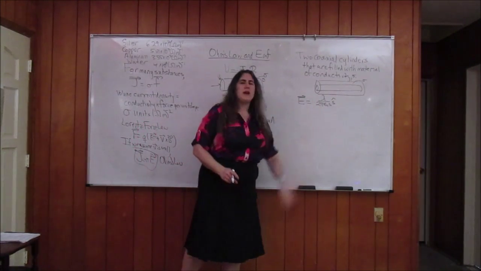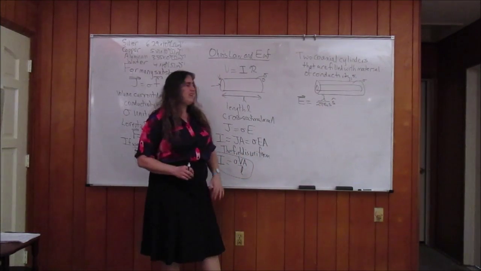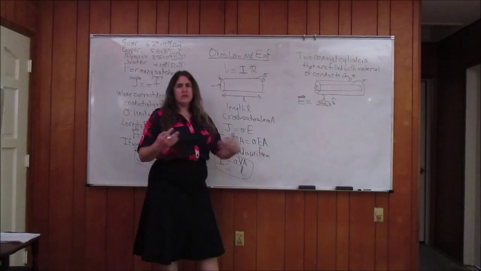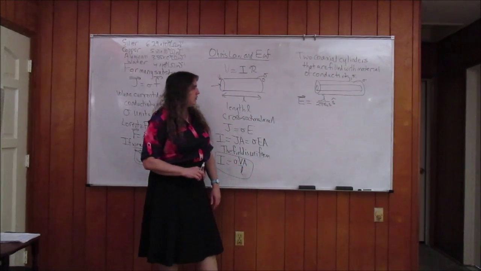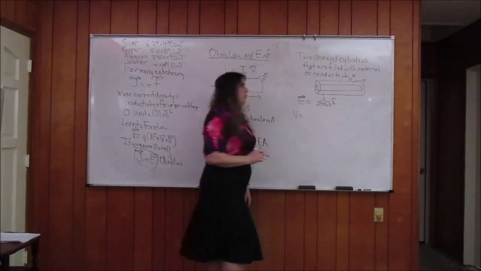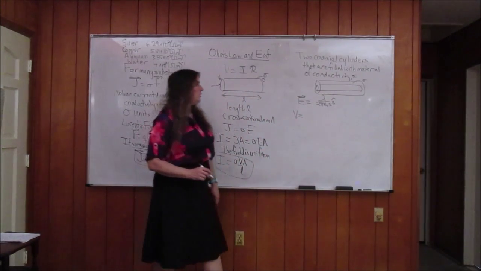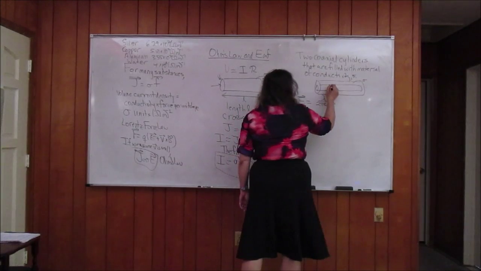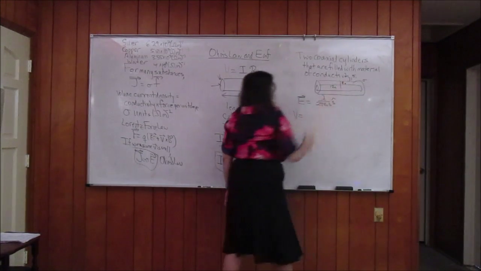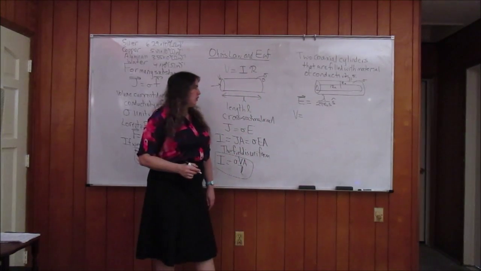It's lambda over 2 pi epsilon naught s, where s is the distance in the radial direction, the distance from the axis, and your electric field is in the radial direction. So I'm going to determine the potential difference between both of these. So we'll have an inner radius RA and an outer radius, the outer cylinder RB.